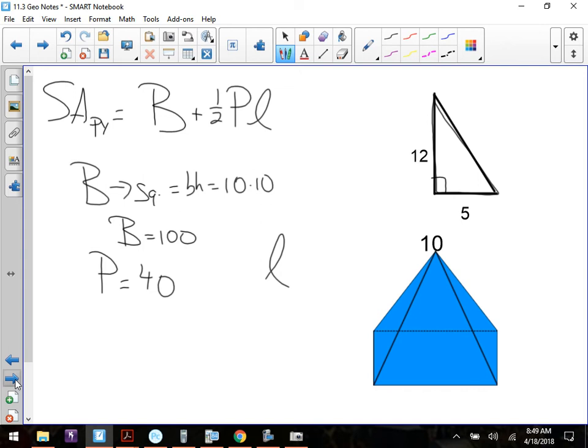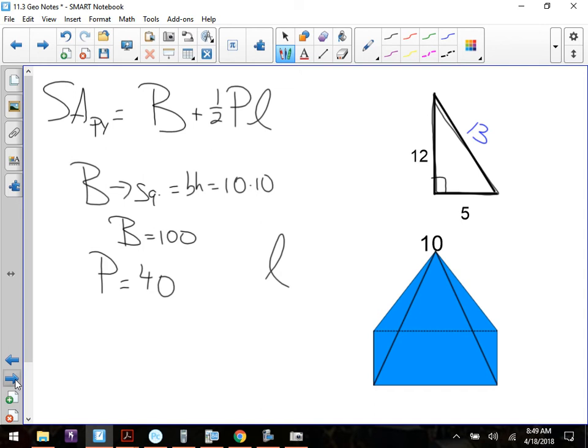And the square root of that is? Very good. You use Pythagorean theorem to figure out your slant height. A lot of times that's basically the only extra step you need for most of these types of problems: find a slant height, maybe find a vertical height. Cones and pyramids are pretty quick.